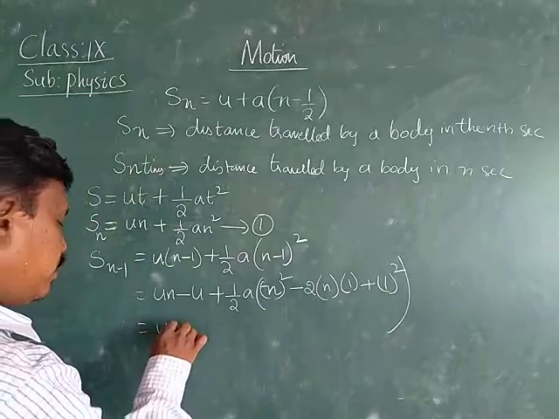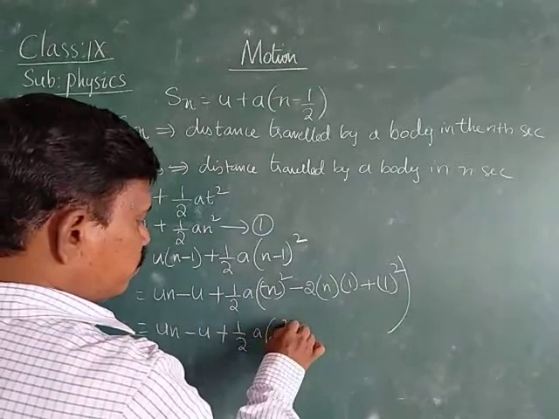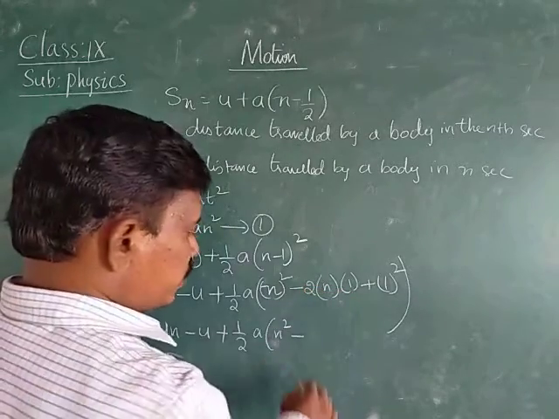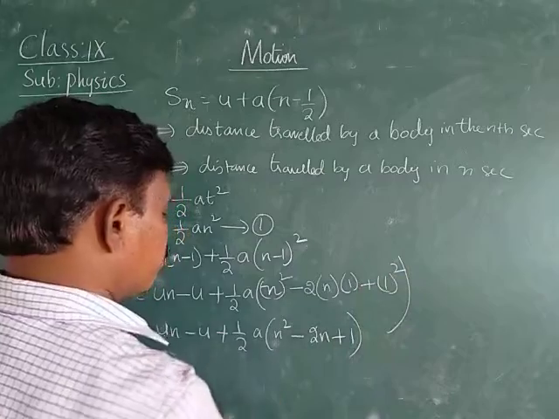Here you write un − u + ½a into n² − 2 into n is 2n, 2n into 1 is 2n only, plus 1 squared is 1.